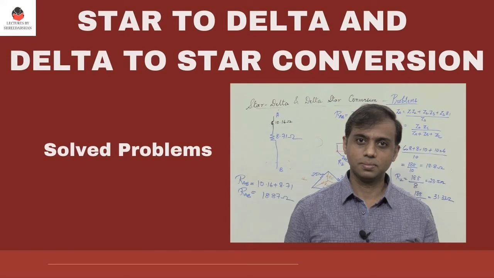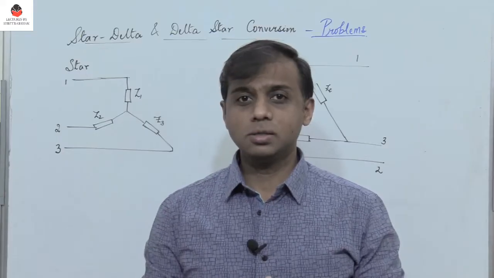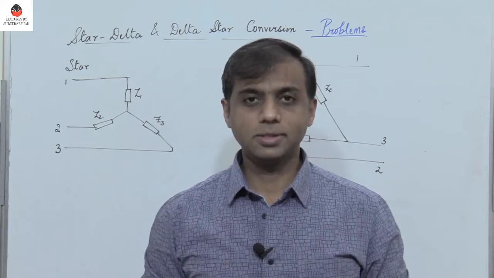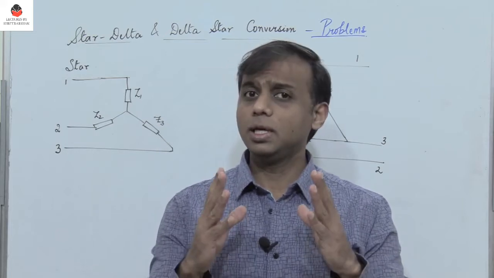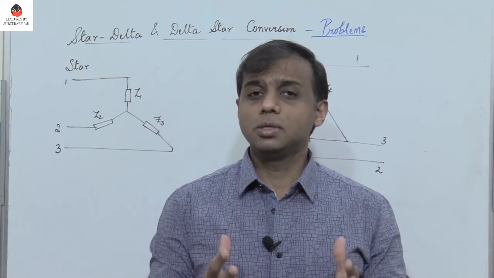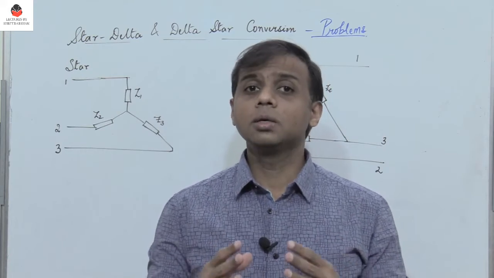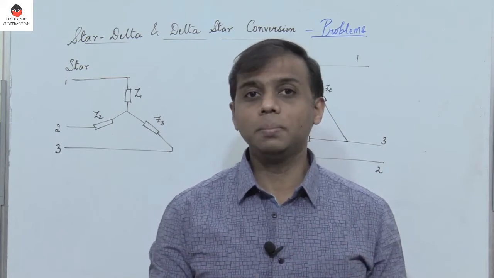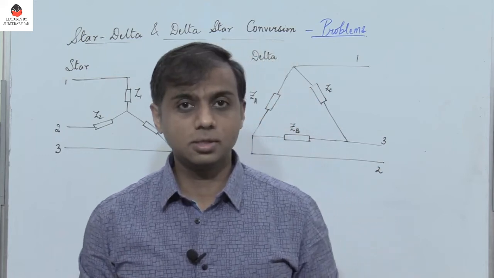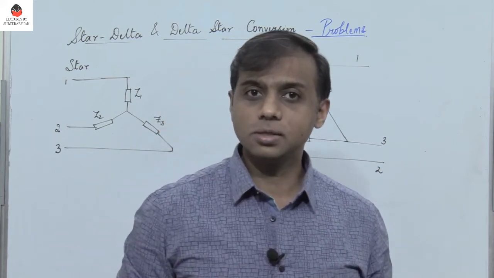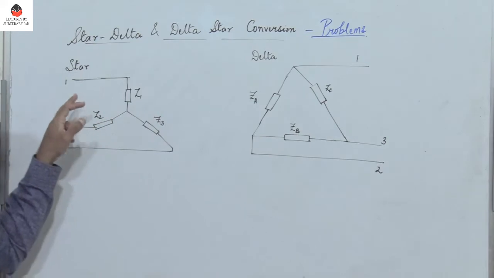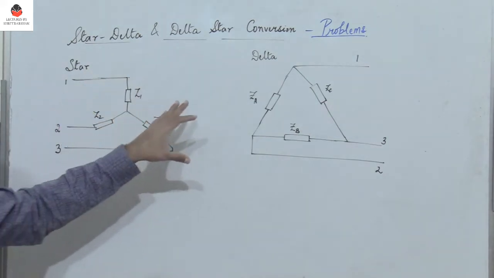Dear friends and students, in most of the cases when we have a complicated electrical circuit, and the circuit has to be simplified, wherein you have to find the equivalent impedance or the equivalent resistance, in most of the cases you may get a star connection or a delta connection.